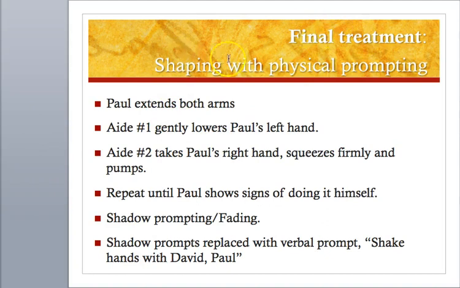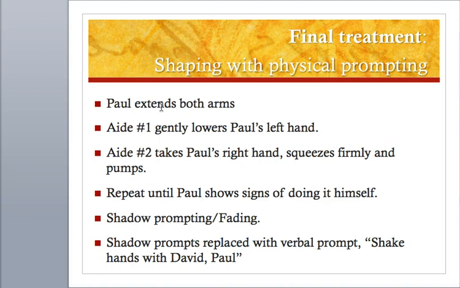So here's the final treatment with physical prompting. Paul extends both arms. Aid number 1 lowers Paul's left hand. Aid number 2 takes his right hand and firmly squeezes and pumps. And they repeat this until Paul shows signs of no longer raising his left hand, and introducing the handshake himself.